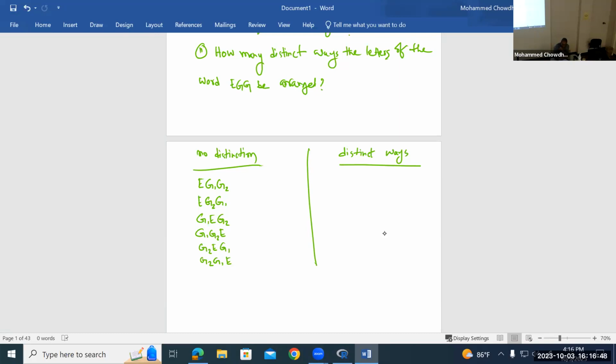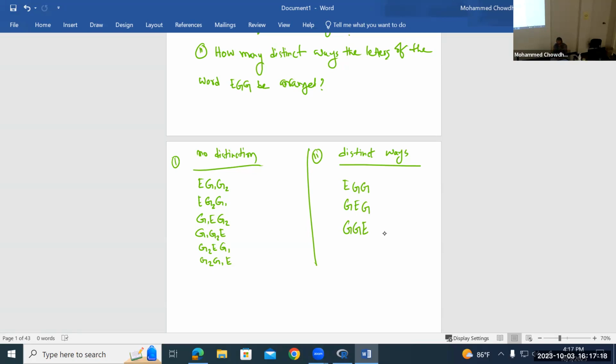This is question 1. How many ways the letters of the word egg be arranged? And that is question number 2, where E, G, G distinct, G, E, G, and G, G, E, right?